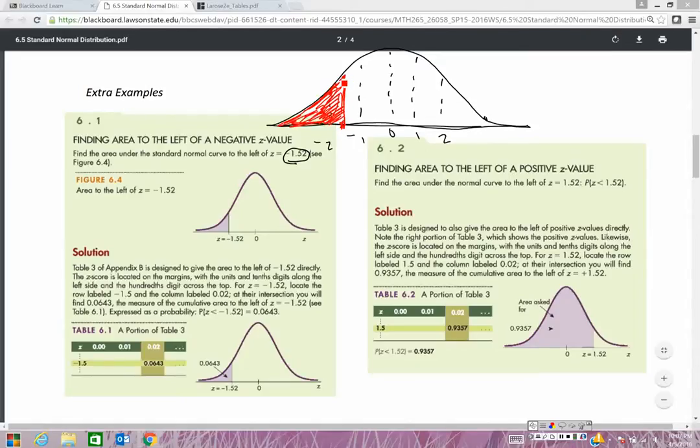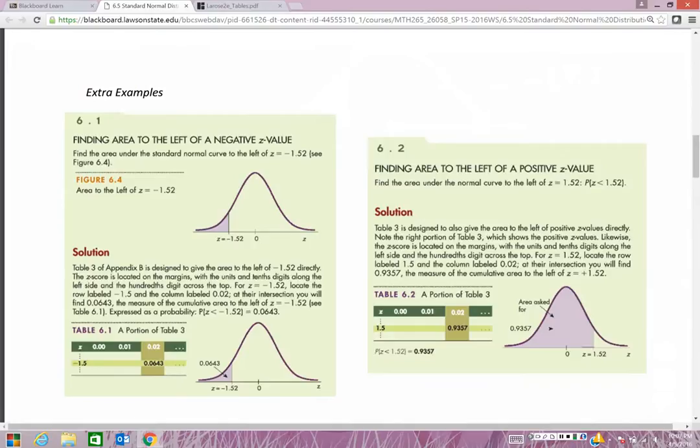So, again, our z equals -1.52. Since this is a negative number, we're going to go on the side of the table where we see negative values.